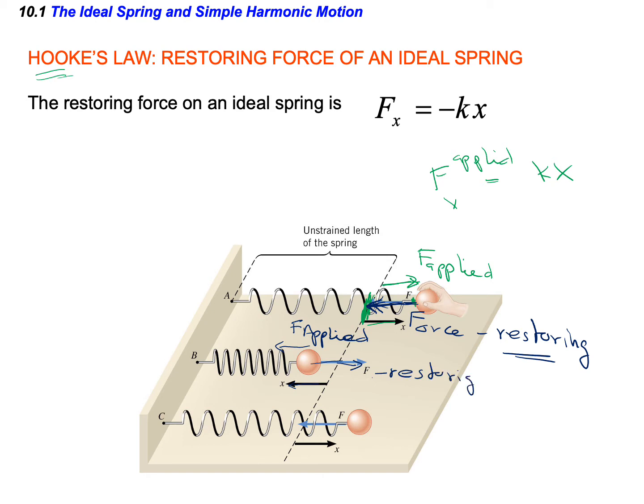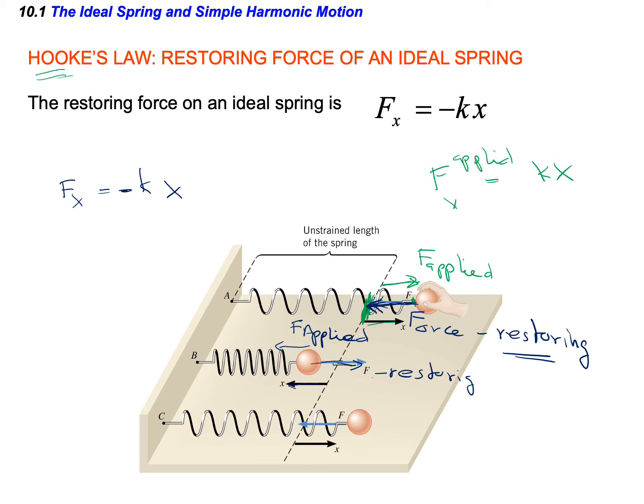So this restoring force is the same as the applied force but in the opposite direction. Therefore Fx, the restoring force, is equal to the displacement times k, with a negative sign, because the restoring force and the displacement are in two different directions.